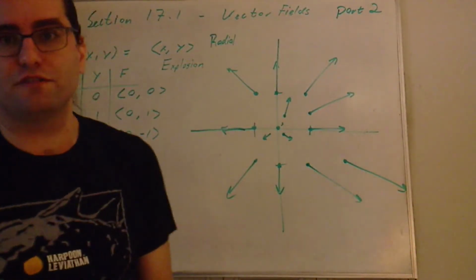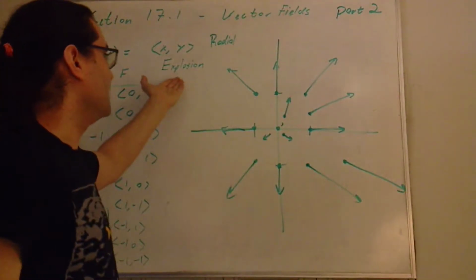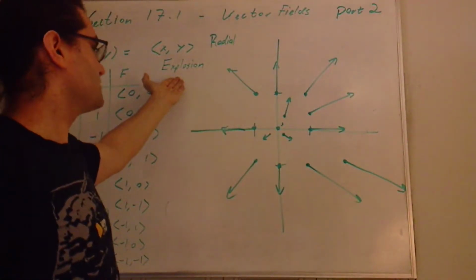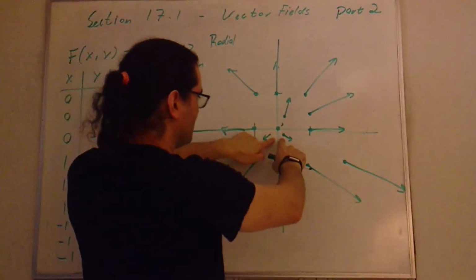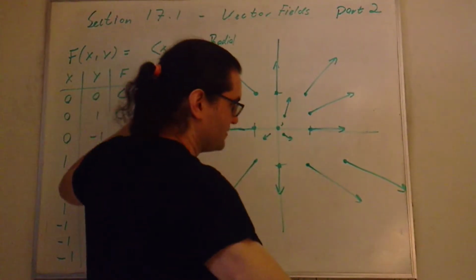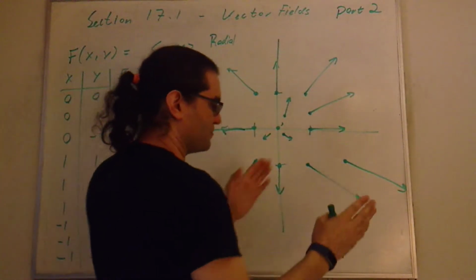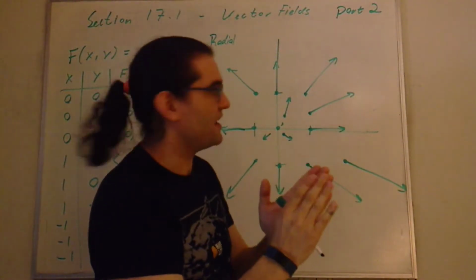Much like the toilet flush, this is not actually a spectacular representation of an explosion, because in an explosion, the things really close to the origin would be moving the fastest, and the things that are far away from the origin would be moving less fast.